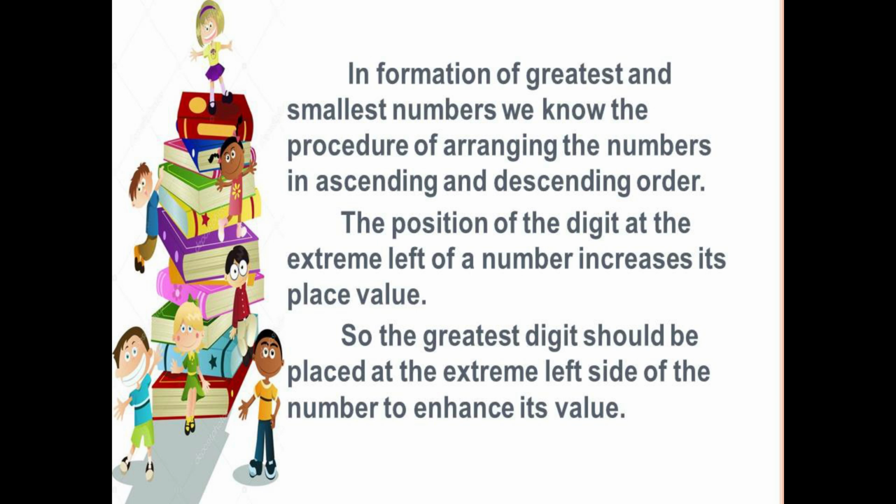So the greatest digit should be placed at the extreme left side of the number to enhance its place value. Now let us watch the video to understand smallest and greatest number forming using the digits.